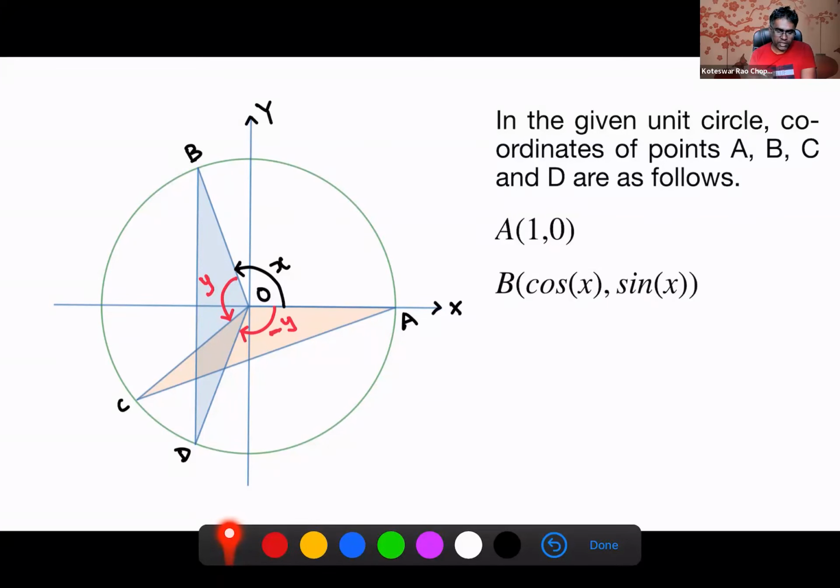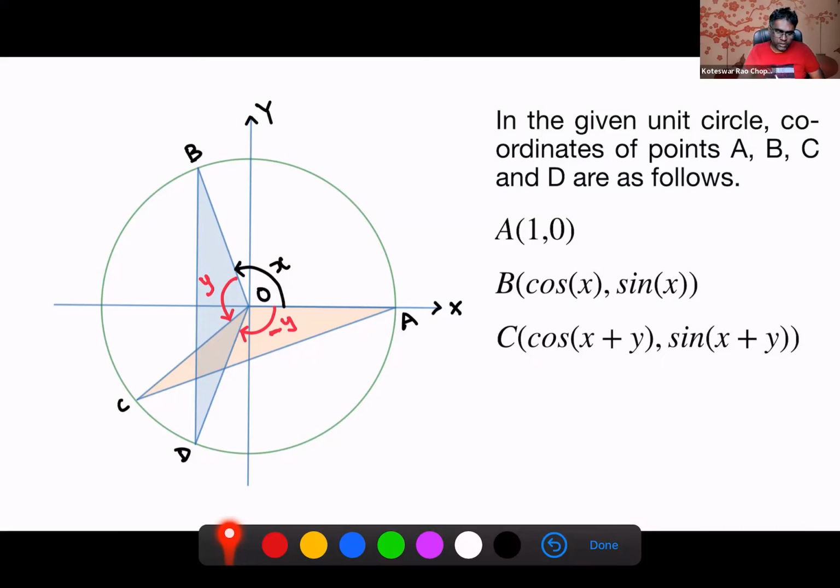Similarly, you can guess the coordinates of C and D. The x-axis is our reference line. To go to point C, the OA line must be rotated by x plus y radians. So the coordinates of point C are cos of x plus y and sin of x plus y.